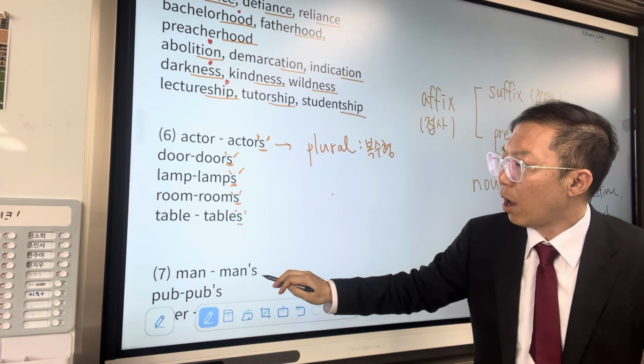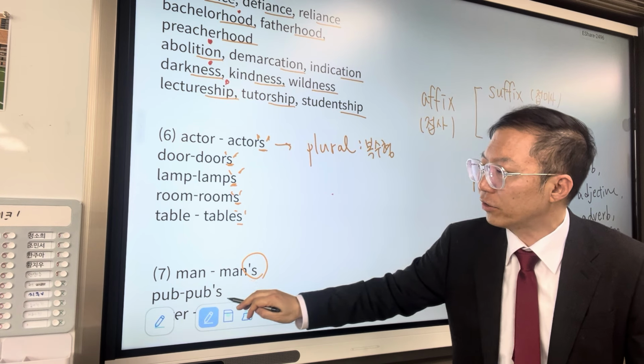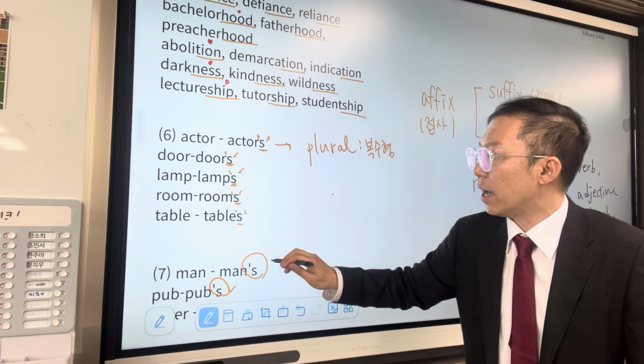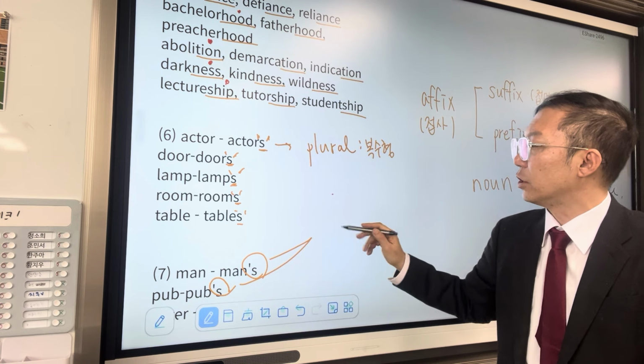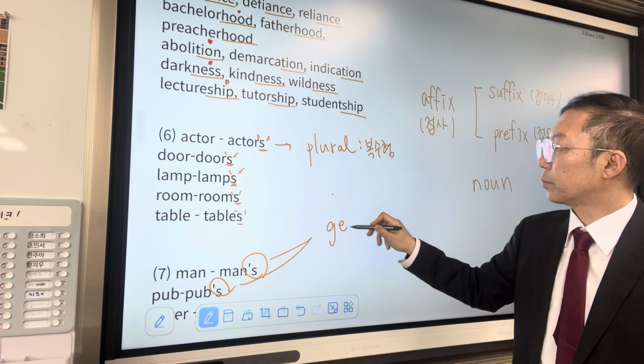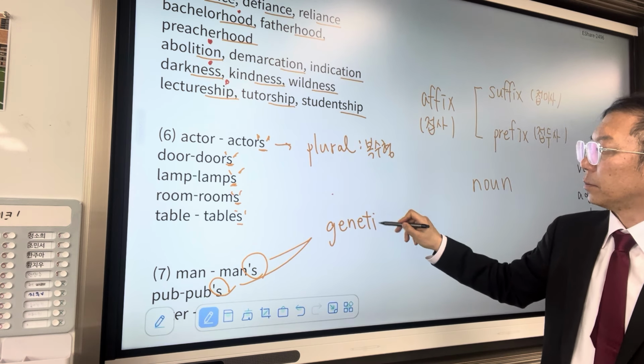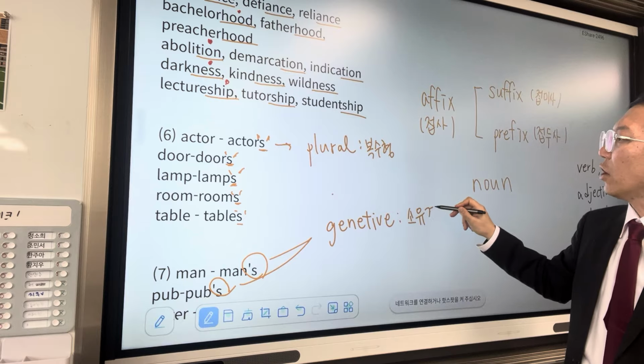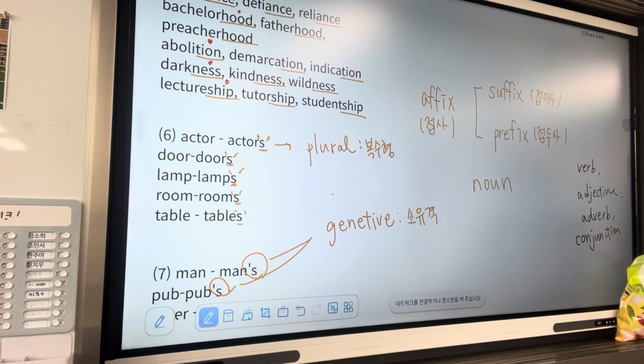Also, we have the apostrophe S ending in noun classes, and we call it the genitive ending. Again, only the nouns have apostrophe S to symbolize the genitive ending, not other classes.